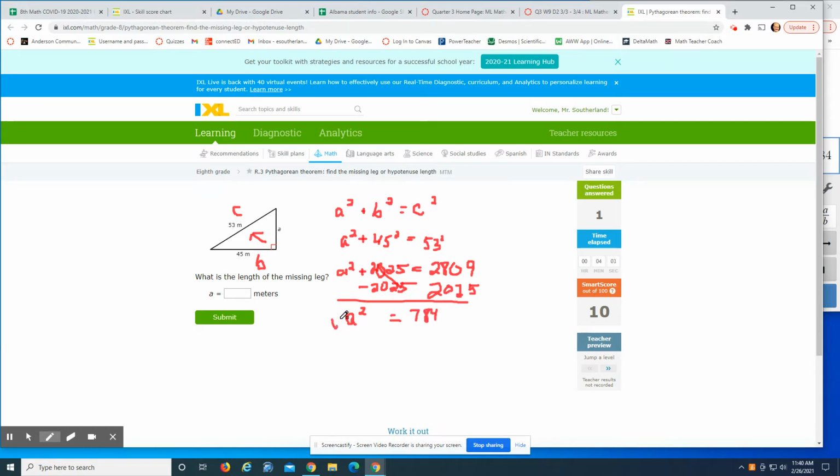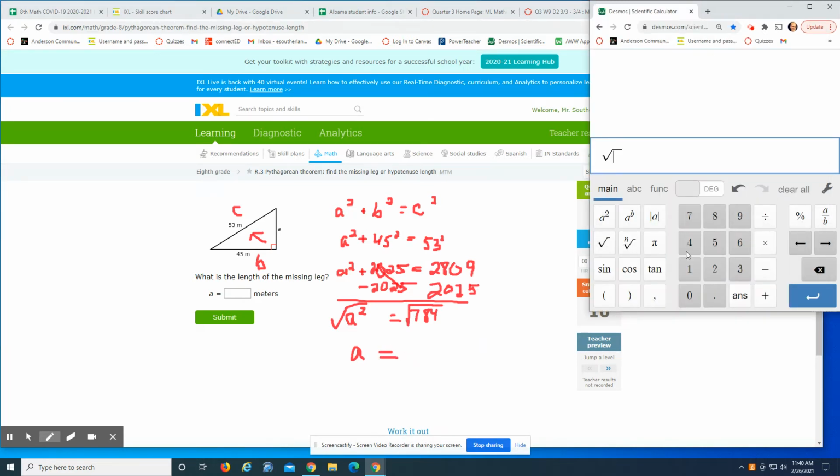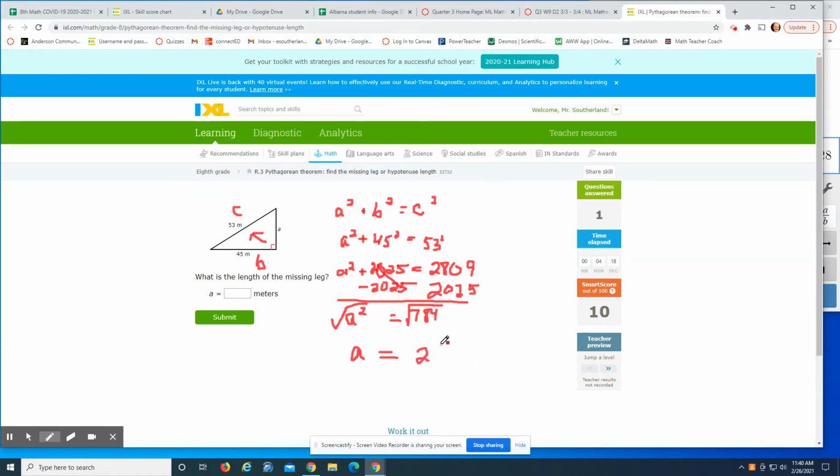Then we find the square root of A squared, which is A. And we find the square root of 784, which we'll do on the calculator, is 28. And so we would enter 28 for our side length.